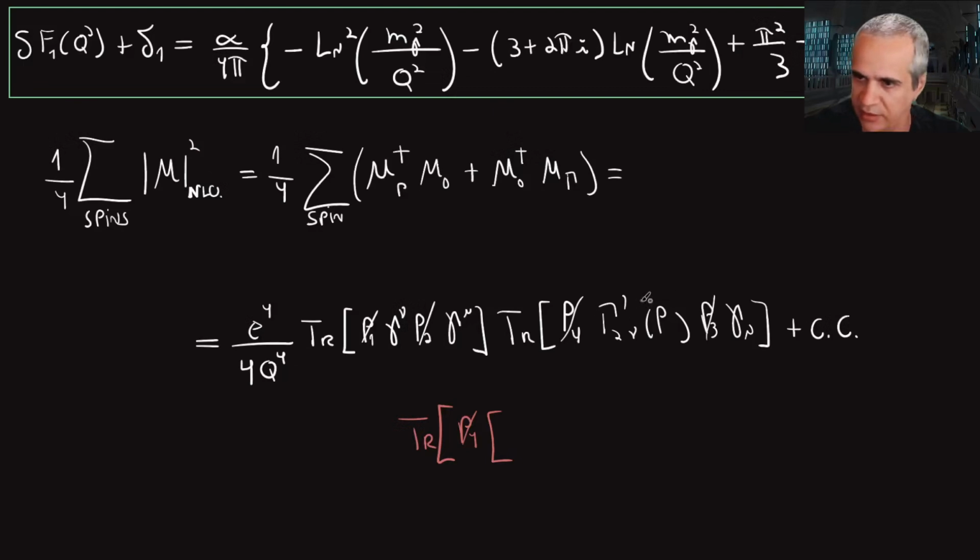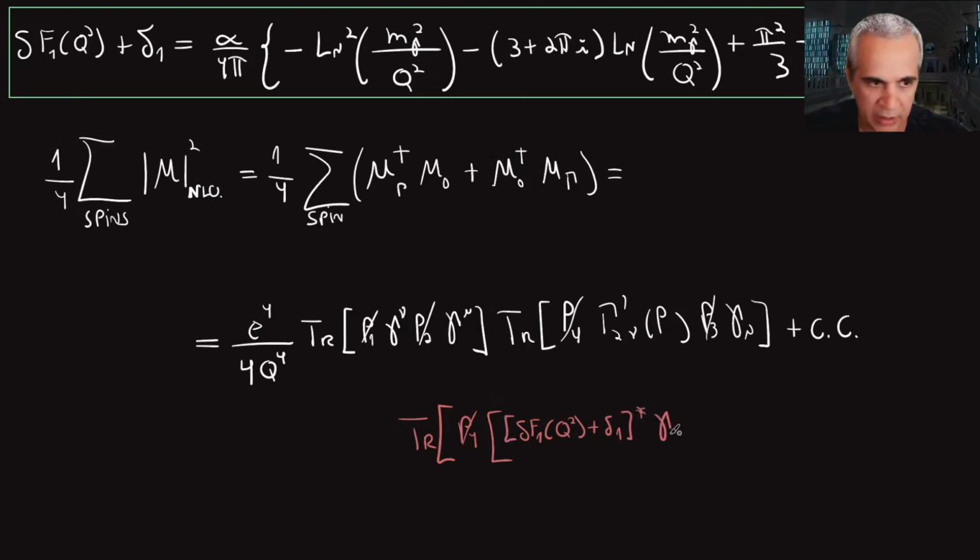but I already used the properties of the Dirac matrices to be able to write this trace. So it's really only the delta F1 of Q square plus counter term that I'm taking the complex conjugate of, right?